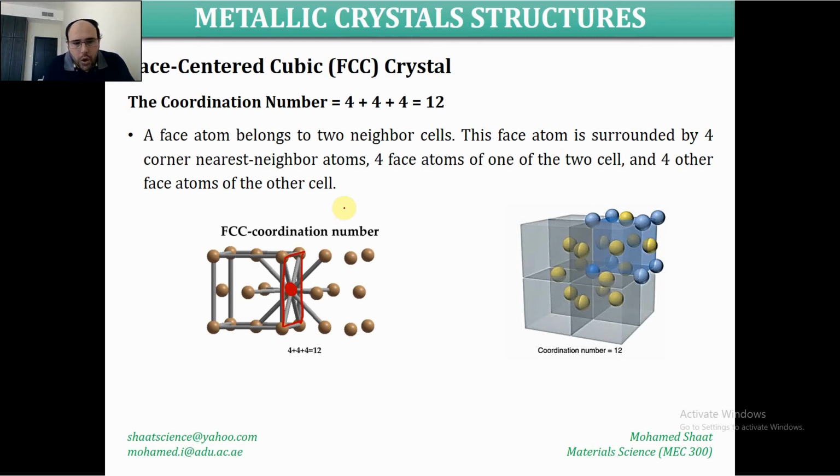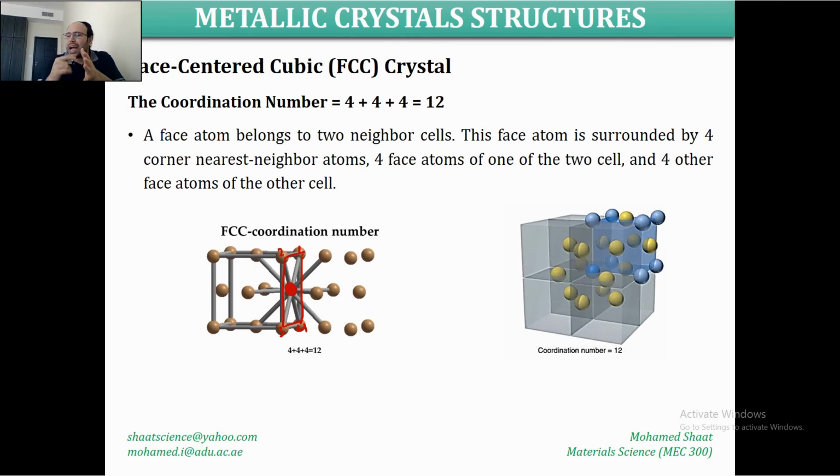Let us count. Over the same face, we have 1 atom, second, third, 4. So now we have 4 atoms over the corners of the same face. You have 2 unit cells side by side, so there is a common face between them, and you choose the center of this face. This is the atom. This atom will not be counted. It is not included in the 12.